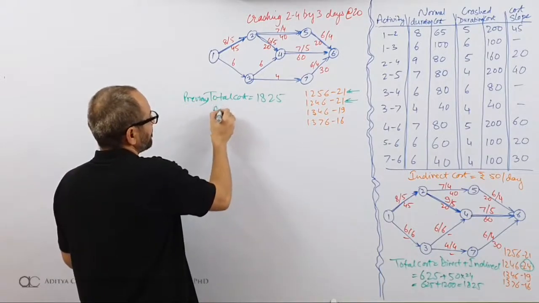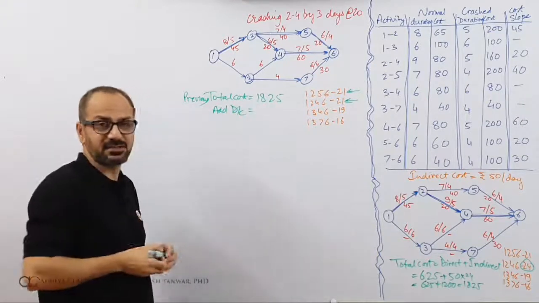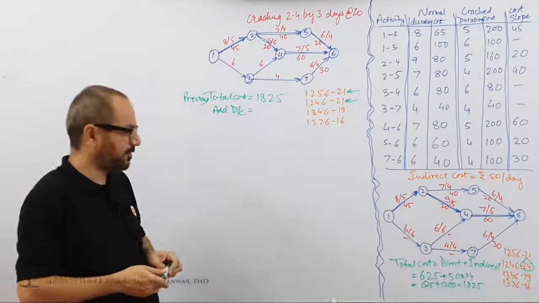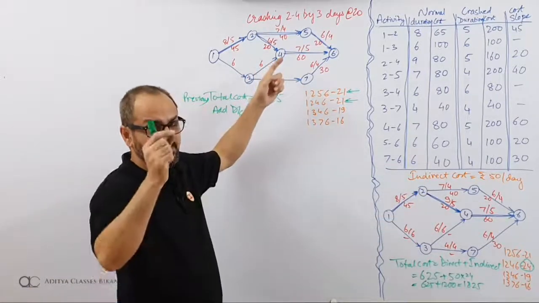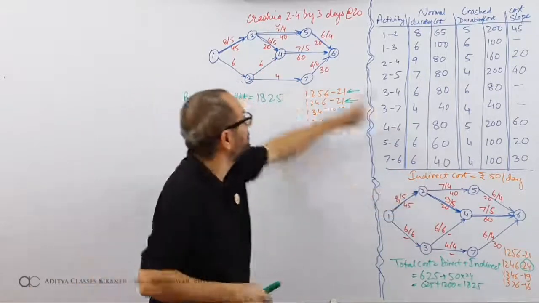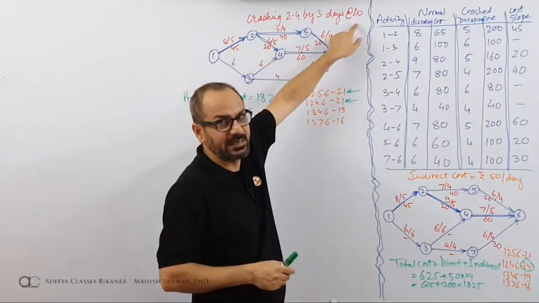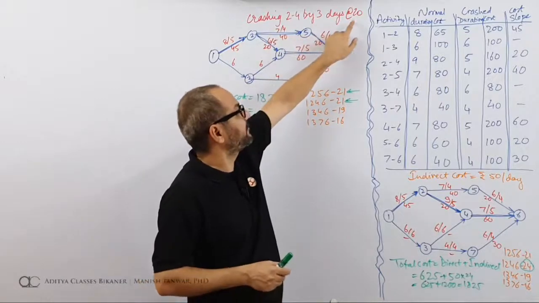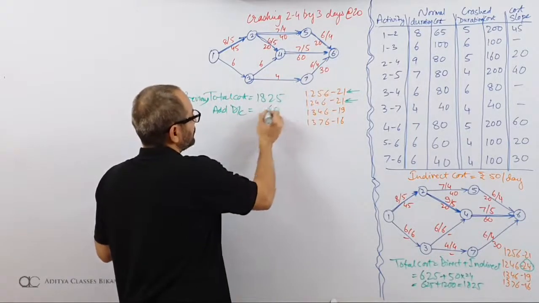Then add direct cost. Direct cost is the direct payment that you are making for speeding up your actions. 9 has come down to 6 days. So you have made a payment for 3 days. You have crashed activity 2-4 by 3 days at rate of 20. So 3 days at rate of 20 costs me 60 rupees. Add direct cost, that is 60 rupees.